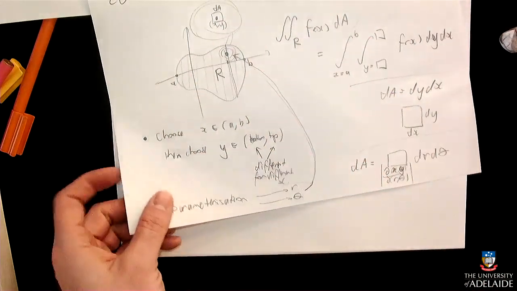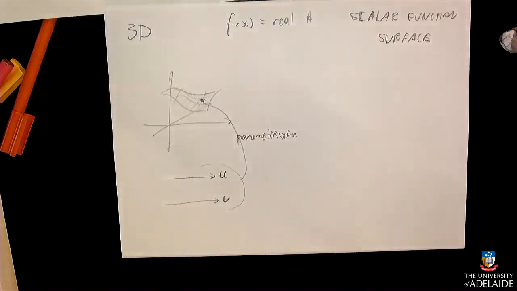But if I'm very clever, I might be able to arrange my parameterization so there's always the same choices for v no matter which u I pick, and vice versa. That is the cleverness of choosing a good parameterization. You want the variables to be independent of each other if you can. Let me just talk about that.